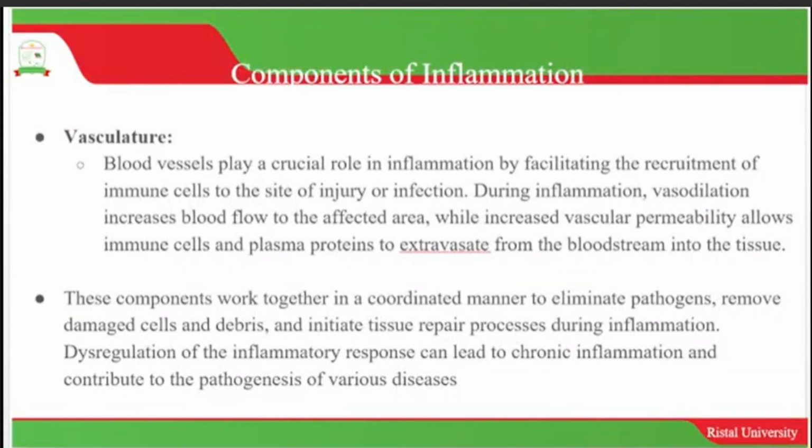However, if there is no harmony, if there is dysregulation of the inflammatory response, then this can lead to chronic inflammation and contribute to pathogenesis of various diseases. Abnormal regulation or abnormal inflammation therefore can result in the formation of other diseases that may be life-threatening to our body cells.